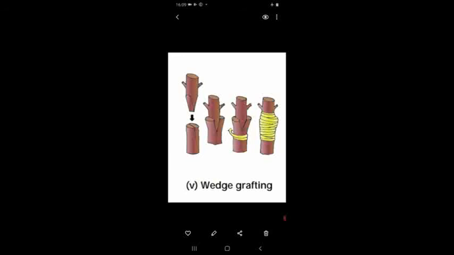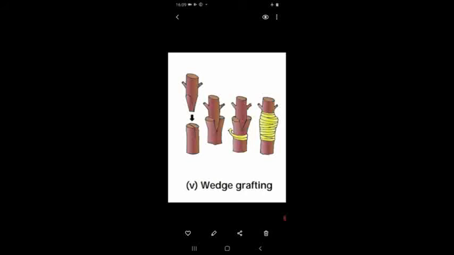In that cleft, we are placing a twig of a scion in the stalk and binding it together tightly by using tape or a cloth, so that the cambium of both scion and stalk are joined together and developed into a new individual. That type of grafting is called wedge grafting.